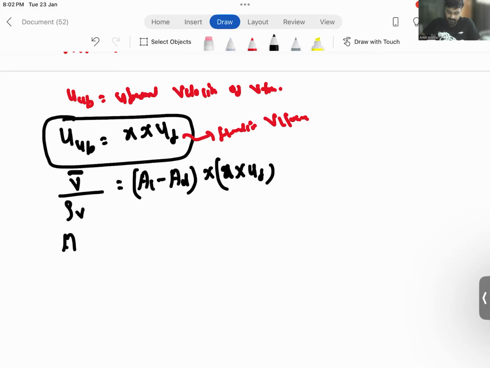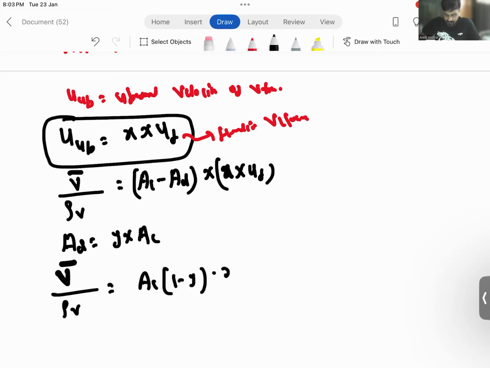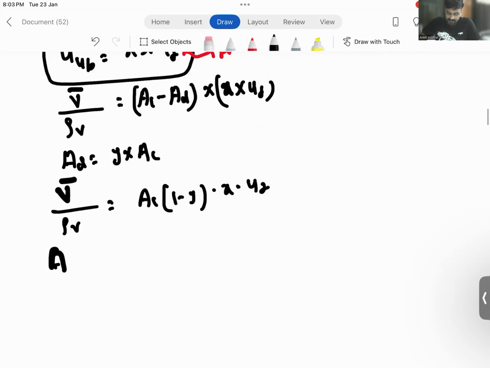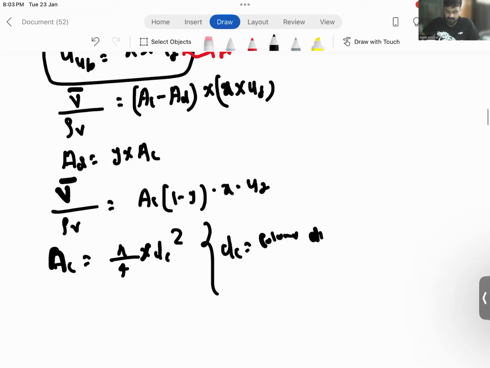AD can be given as Y multiplied with AC, some fraction multiplied with AC, right? So you can write V bar by rho V, that is equal to AC into 1 minus Y into X into U flooding, right? And what is AC? AC is equal to pi by 4 into DC square, where DC is your column diameter, the diameter of the distillation column.